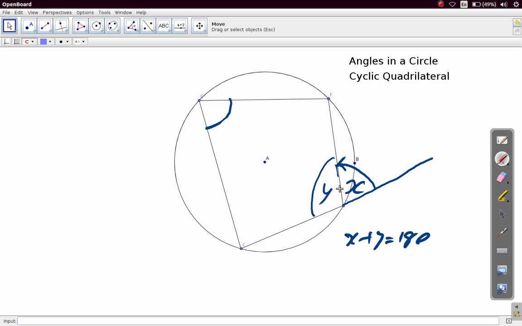No, I mean not equal, they are supplementary, they add up to 180. So this angle here, let's call it A. Angle A plus angle Y would be 180 because A and Y are opposite.